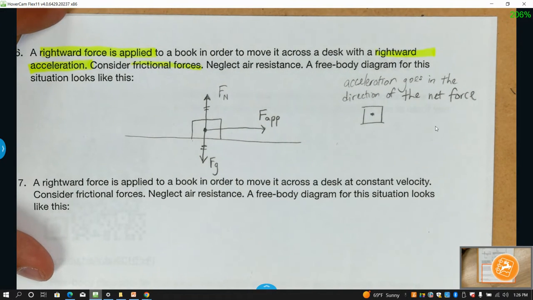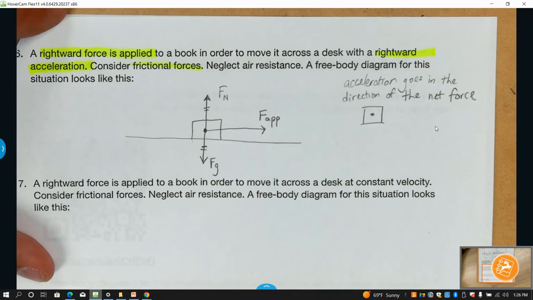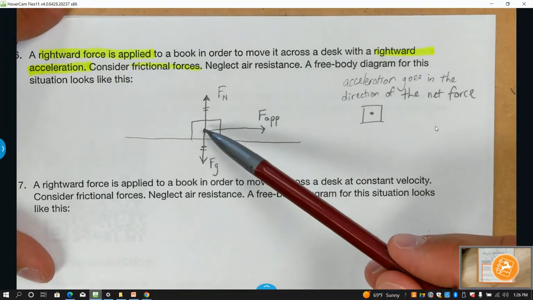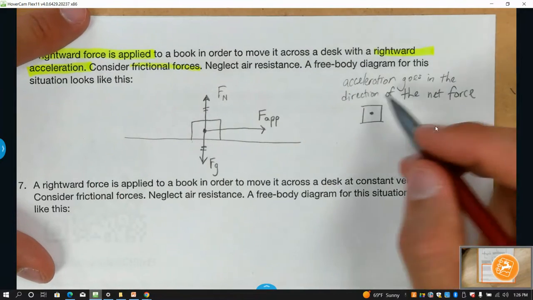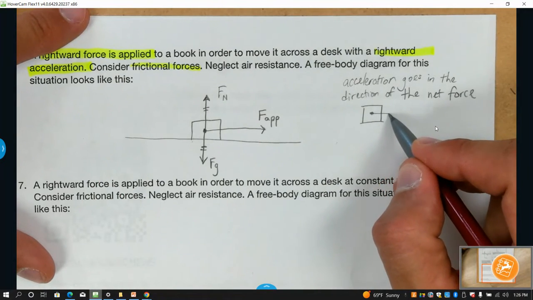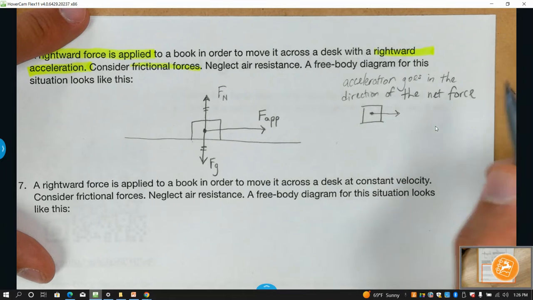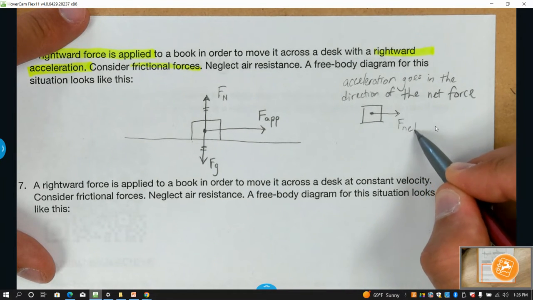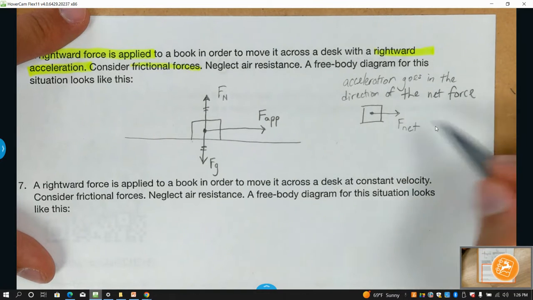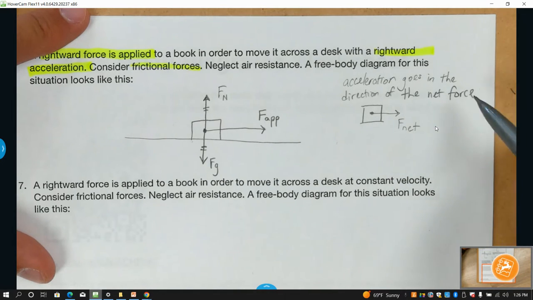So since we have that piece of knowledge now, we know that there's a rightward force being applied, and it's accelerating to the right. If I did a small sketch over here, since it's accelerating this direction, I know that my F net has to be to the right.